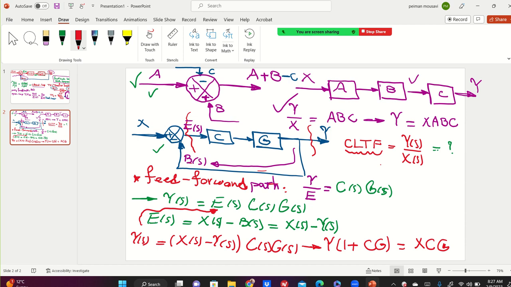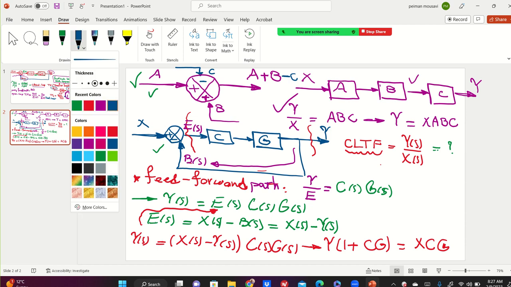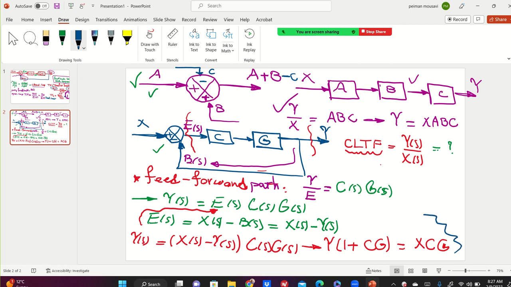So from here, you see that the closed loop transfer function for a unity feedback block diagram, I'm sorry, I plotted this mistake. For a unity feedback block diagram, Y over X is going to be CG over 1 plus CG.